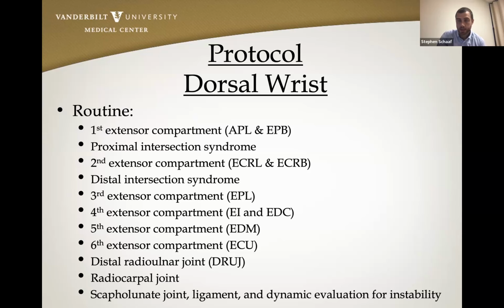On top of this, I take a very detailed evaluation of the distal radio-ulnar joint, the radiocarpal joint, and last is going to be the scapholunate joint ligament, evaluating for any type of dynamic instability, just because this is going to be the most common cause for carpal instability in these patients.